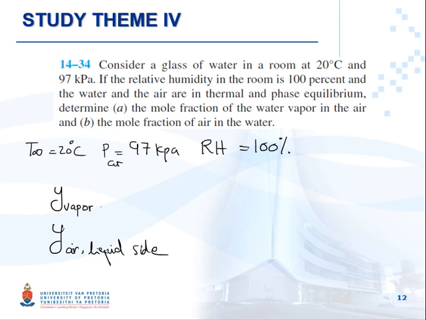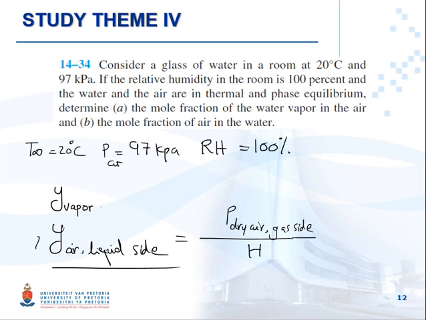So again, liquid side, Henry's law. If we have the P of basically dry air, the gas side, divided by the constant that we read from the table, we will find this one.